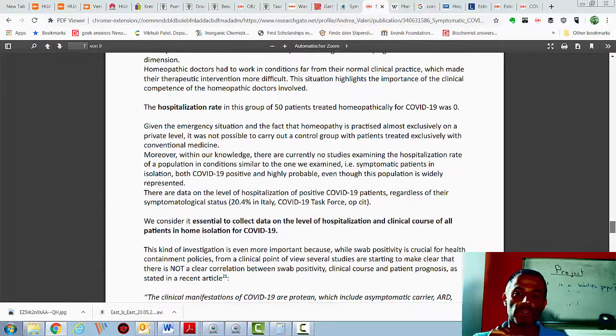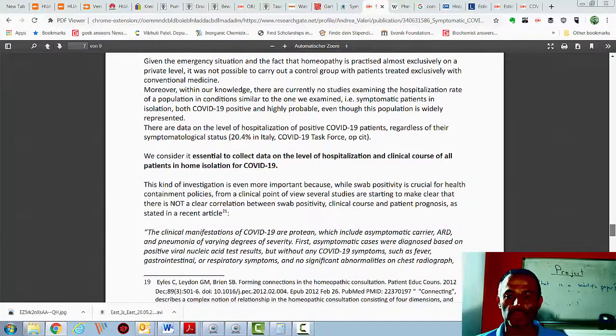In this case, you gave conventional treatment plus homeopathy, probably not a 3rd group without conventional treatment, because that might be unethical. Then you would be able to get more information, and the group is far too small to get enough information here.